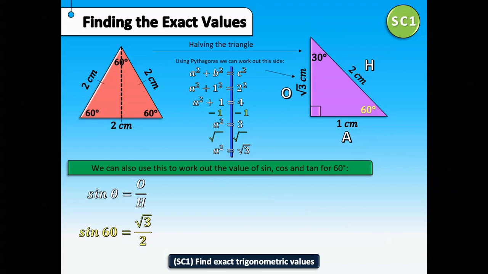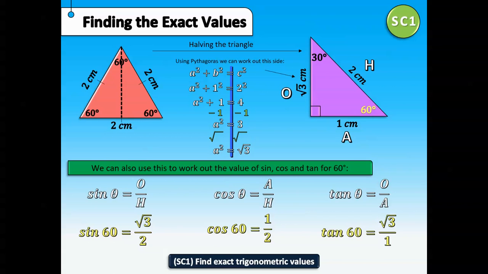So sine 60 is root 3 over 2. Cos 60 is the adjacent over the hypotenuse. So cos 60 is 1/2. And tan 60 is the opposite over the adjacent. So tan 60 is root 3 over 1, or just root 3.